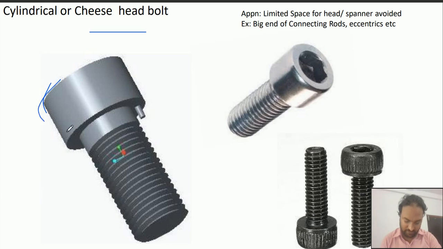With this shape, the head has a cylindrical shape and the thread is on the shank, and sometimes a hexagonal groove is cut to accommodate a hexagonal spanner inside the head, because if the cylindrical surface is there, it is difficult to grip it to open or unlock it.